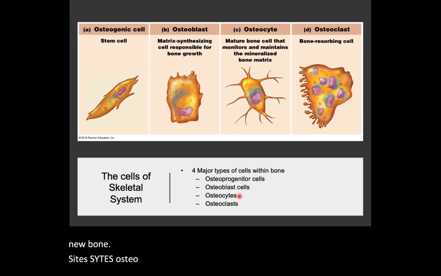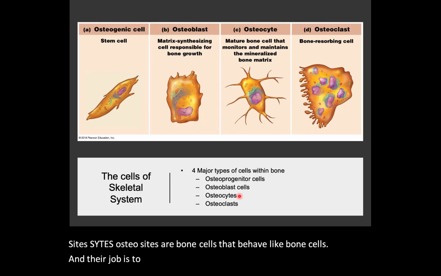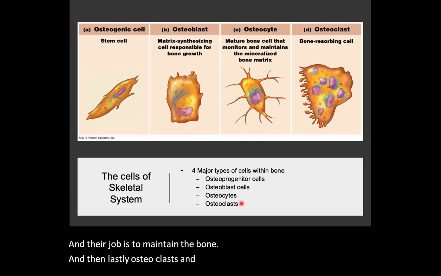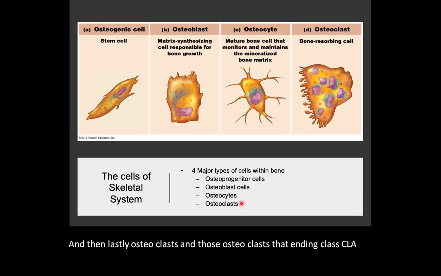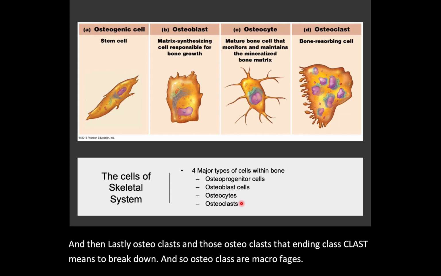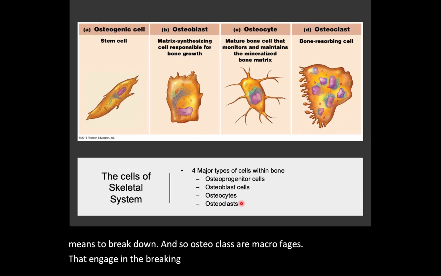Osteocytes are bone cells that behave like bone cells. And their job is to maintain the bone. And then lastly, osteoclasts. And those osteoclasts, that ending clast, C-L-A-S-T, means to break down. And so osteoclasts are macrophages that engage in the breaking down of bone.